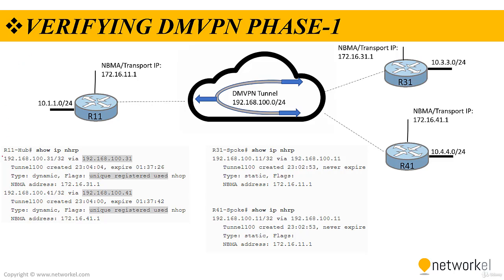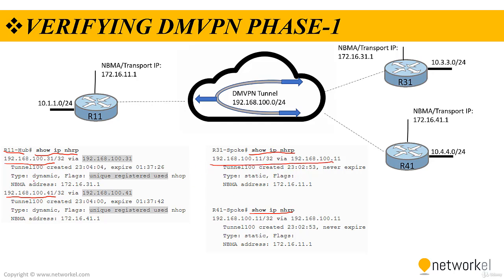So when we check router 11, which is the hub, show ip nhrp shows the NHRP cache, and we can see the information for router 31 and router 41. When we check the NHRP cache on the spokes, we will just see the information for the hub router, which is router 11. You can see in here.